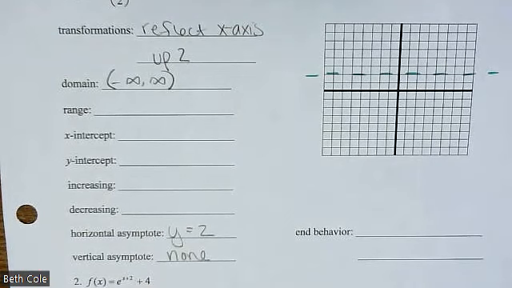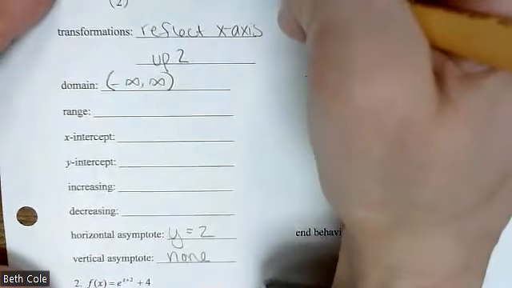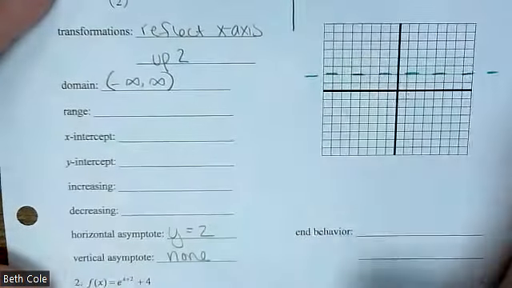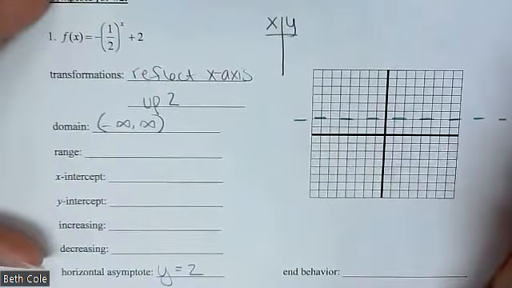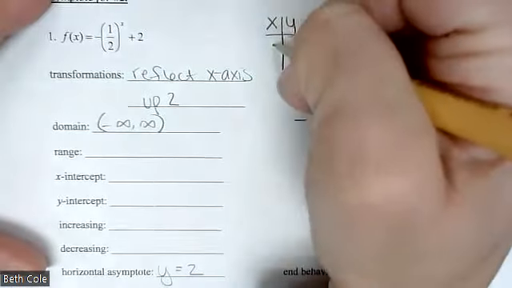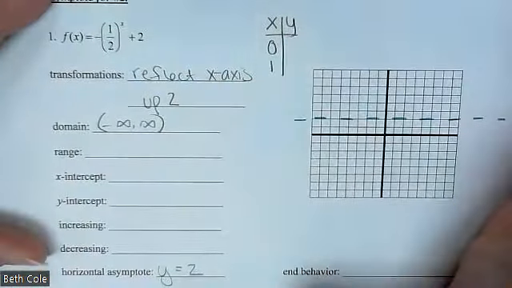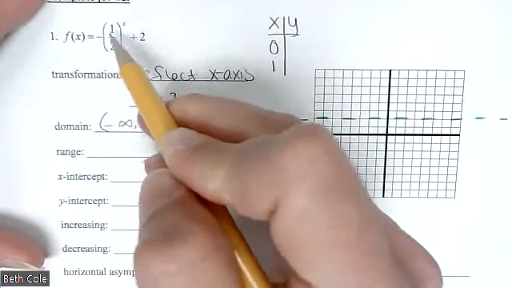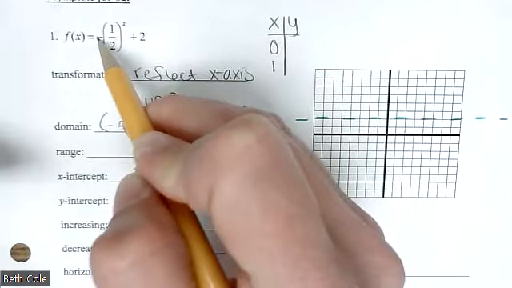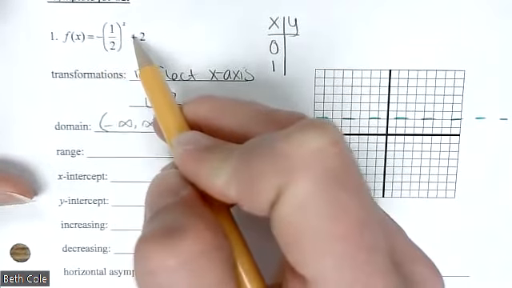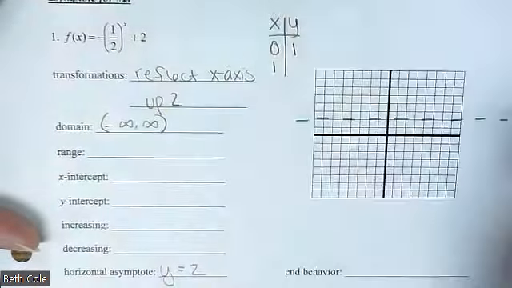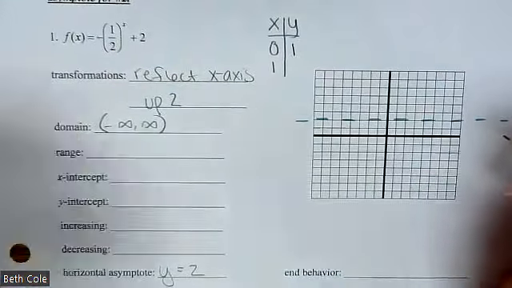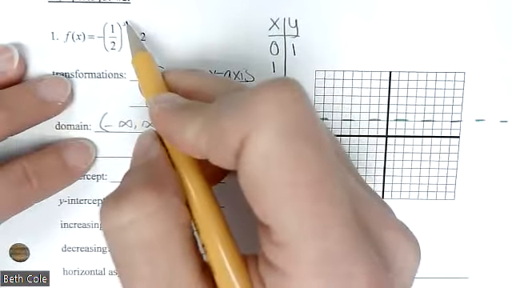Okay. So now we need to get some points. What do you want to try? 0 and 1 are good choices. Let's try those. Anything to the 0 power is 1, but it's -1 plus 2 is 1. Now, if you plug in 1, you get 1/2 to the 1.